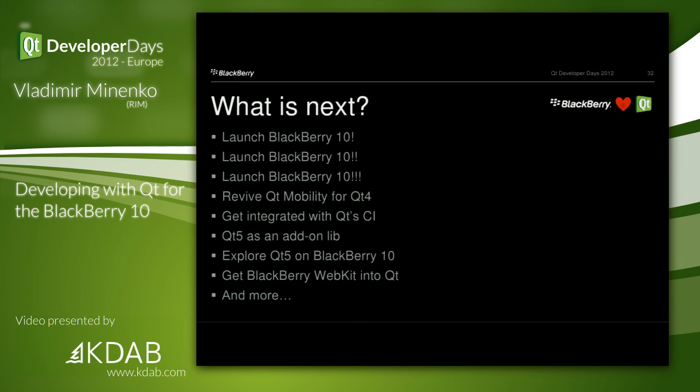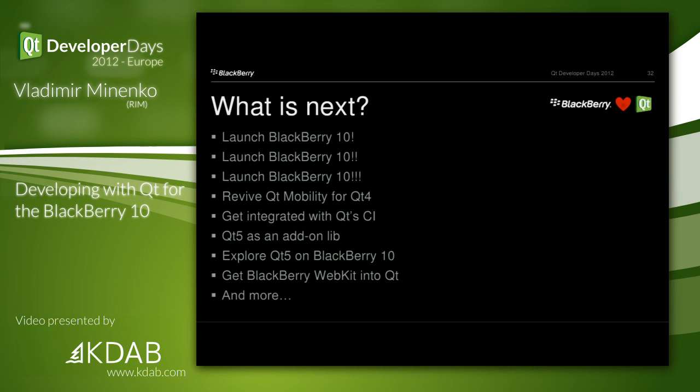We're going to integrate with the Qt CI. This is what was slightly indirectly mentioned by Lars and Tiago. We have our own CI, but need to integrate it. We'll experiment with Qt 5, and if it works well, we will add it as an add-on library to BlackBerry 10. So you can use it, but the system will not use it yet, because the system is already done. We will not touch it. We'll need to launch it.